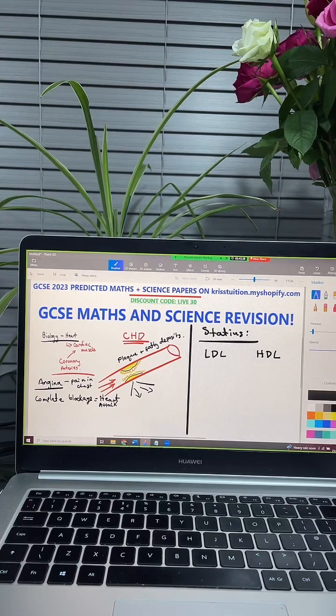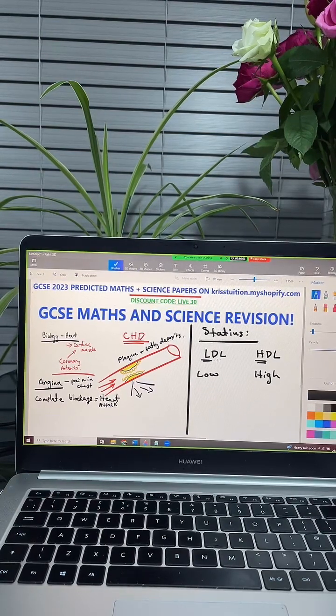HDL is high density lipoprotein. Again, you don't need to remember that. The LDL is the one that I remember is the bad one because you want to keep low levels of it. And then HDL is the good cholesterol because you want to keep high levels of it. Okay, and there is such a thing as good and bad cholesterol. The LDL is the bad cholesterol. The HDL is the good one.